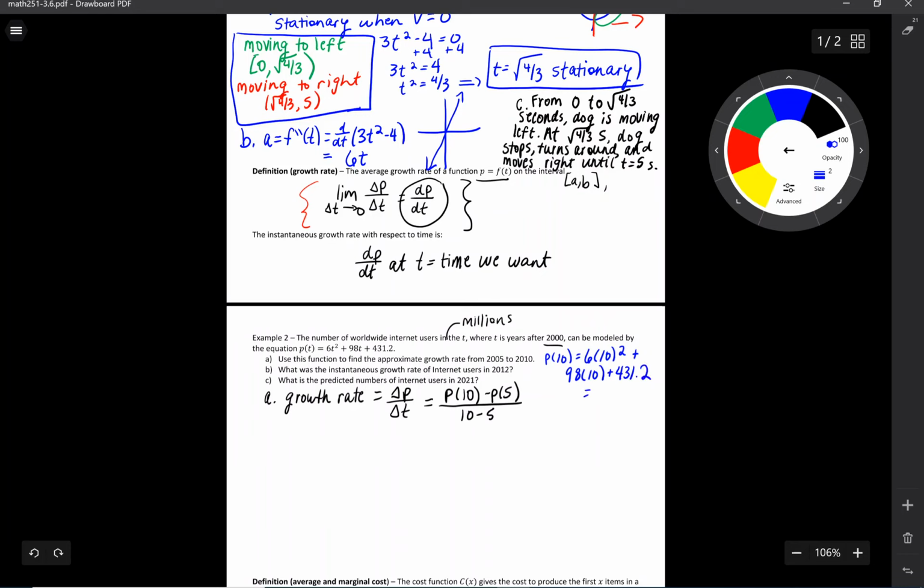This is 2011.2. So my first number here is 2011.2. P of 5 is equal to 6 times 5 squared plus 98 times 5 plus 431.2, which is equal to 1071.2.